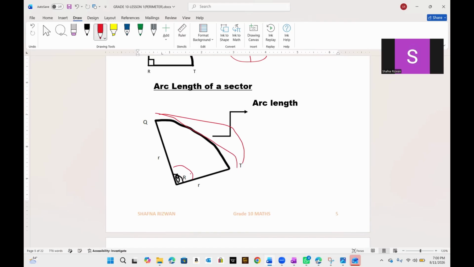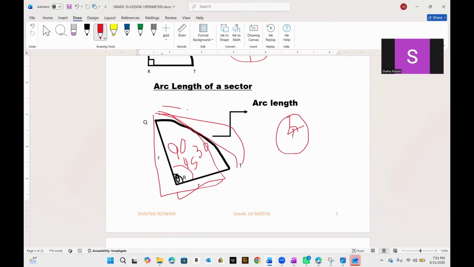This is your angle at the center, no? How much are we taking, like 45 degrees, 90 degrees, or 30 degrees? We have to see that angle in between.